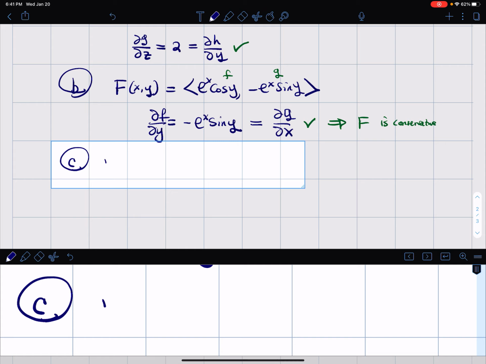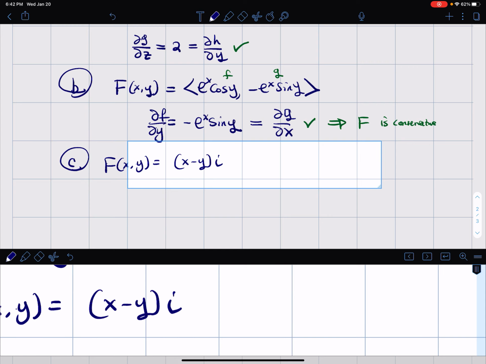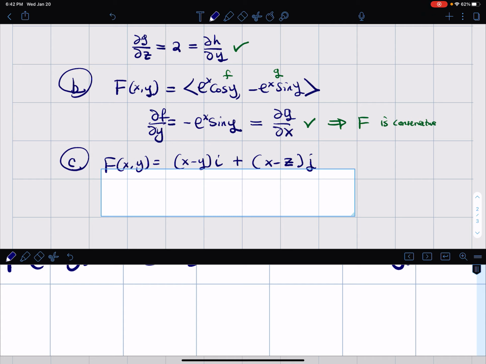Let's do f of x, y is equal to x minus y, i, so I'm switching to a different kind of notation, plus x minus z, j. So let's do df/dy. df/dy is negative 1.